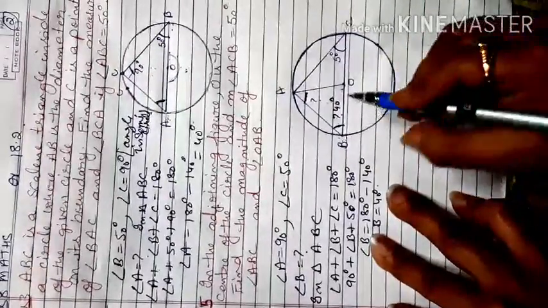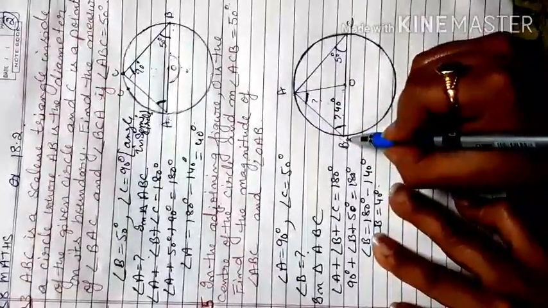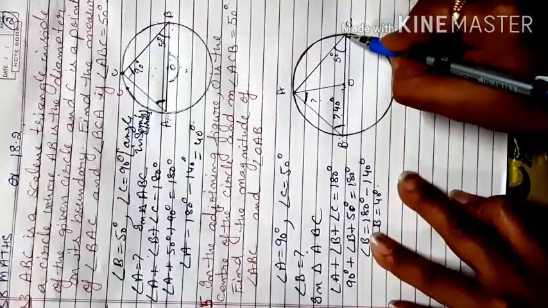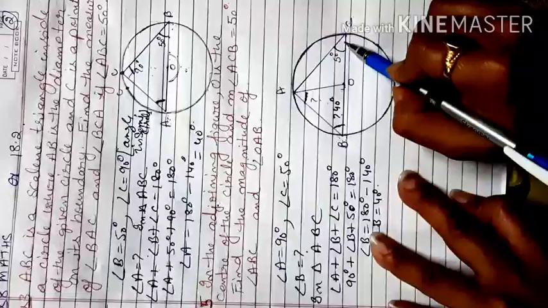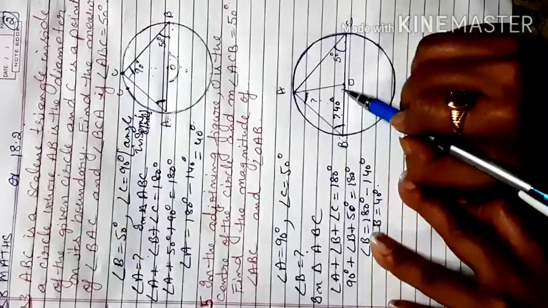Then what is the angle subtended by an arc property? If the same segment makes two angles, one at the center and one at the boundary of the circle, the angle at the center will be double the angle at the boundary.